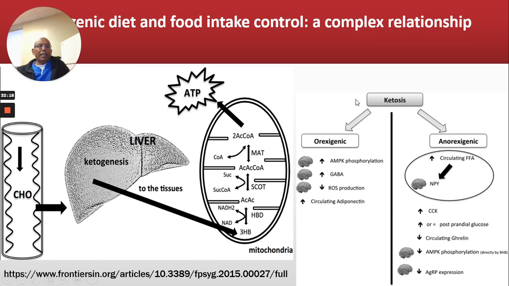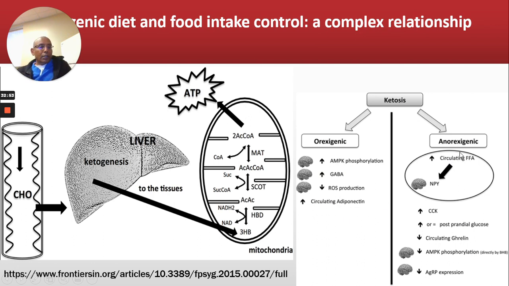Now, ketogenesis can be orexigenic through the AMP kinase pathway, and there is increased gamma aminobutyric acid, and there is reduced reactive oxygen species production through ketones. That's very important. It has a huge implication in healing, and also there is increased adiponectin, which gives more circulating adiponectin, and basically that helps with satiety.